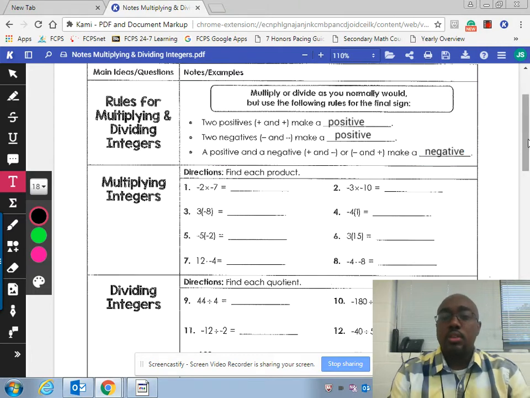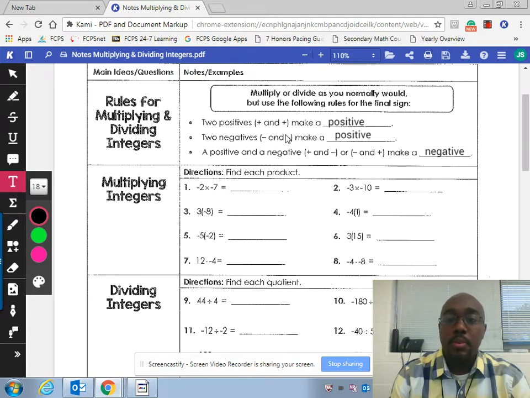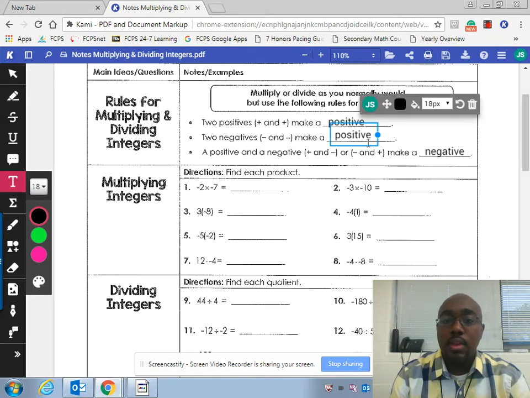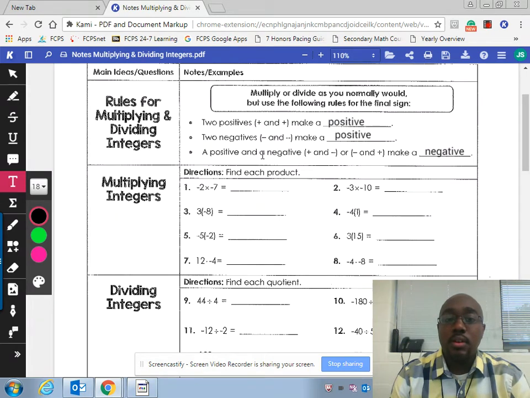If you look at those rules, one thing you'll notice is anytime we have a positive times a positive or a negative times a negative, or in other words, anytime the signs are the same and we are multiplying, the answer is always going to be positive. Anytime these signs are different, positive times a negative or a negative times a positive, the answer will be negative.